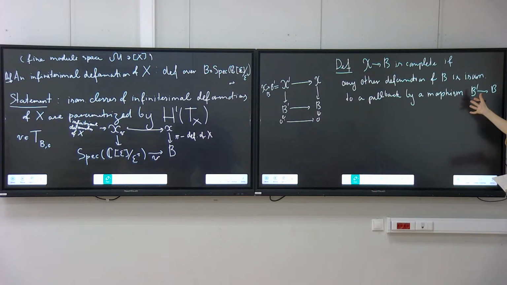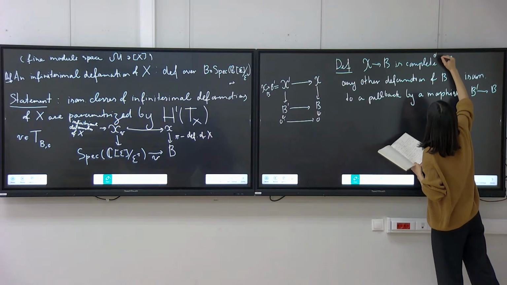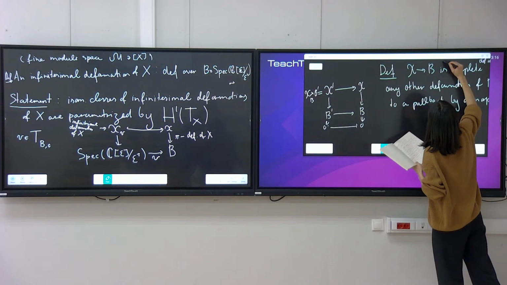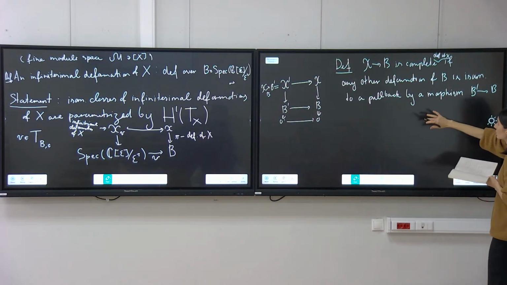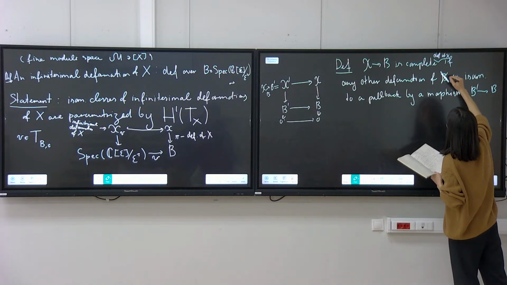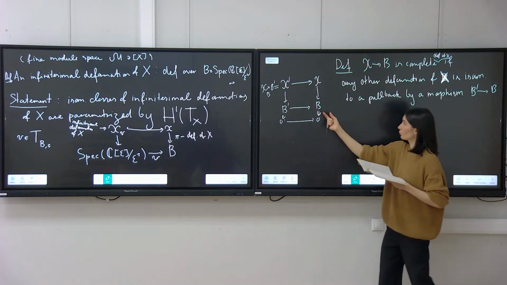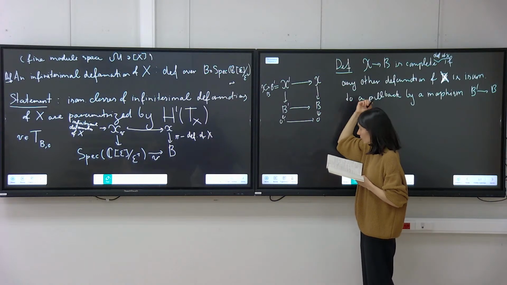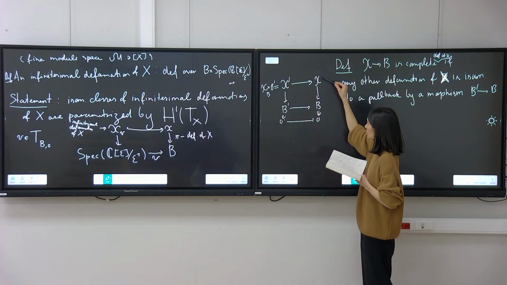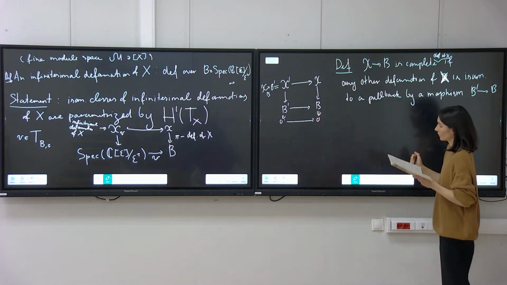Sorry, if any other deformation of x is obtained as a pullback. So if we have some deformation of x, then this is called complete if we can obtain it as a pullback from this complete deformation.